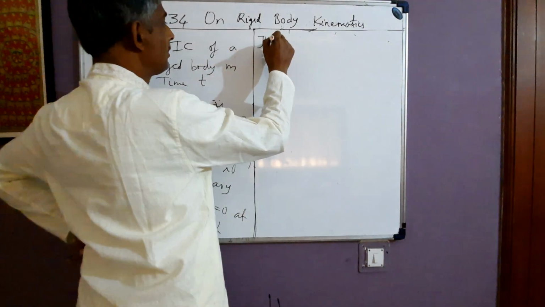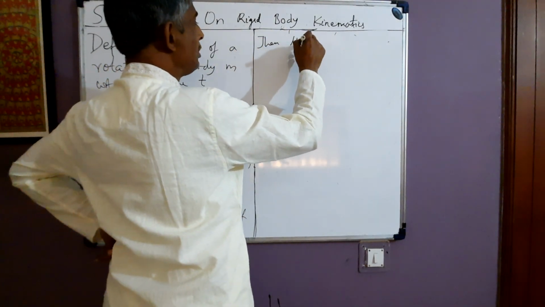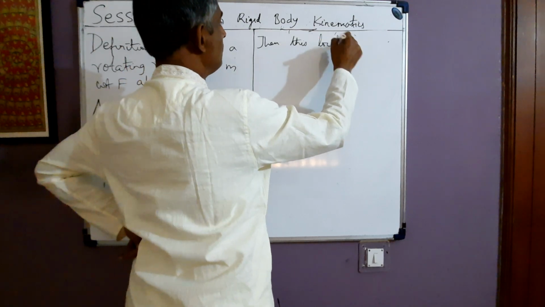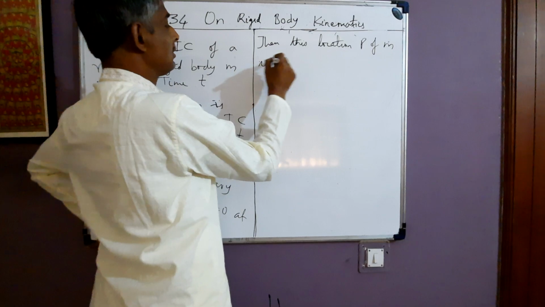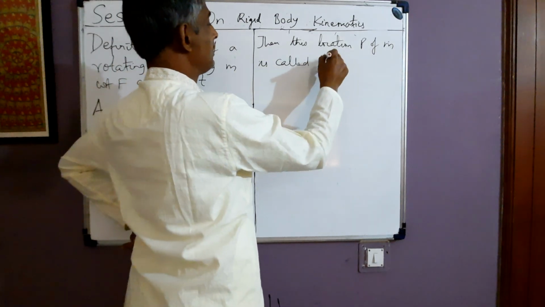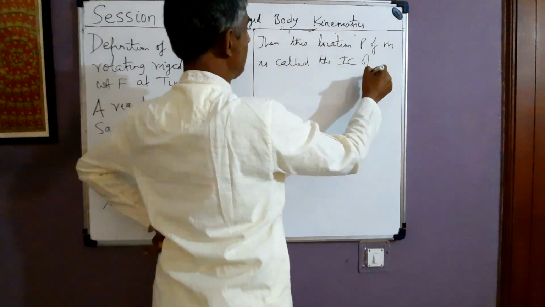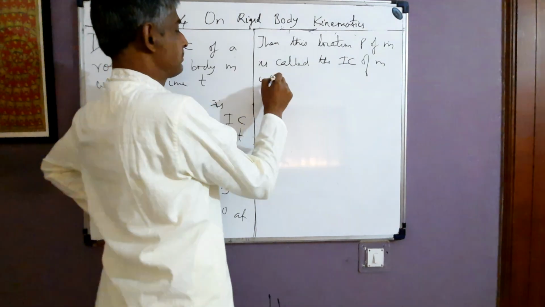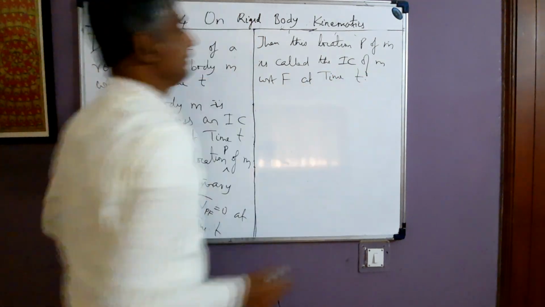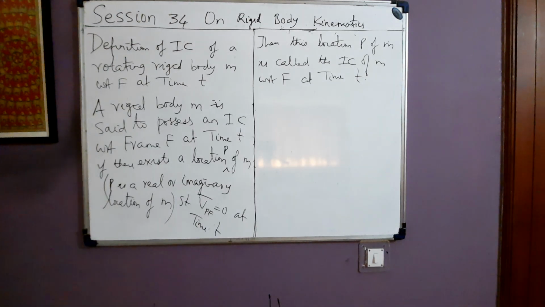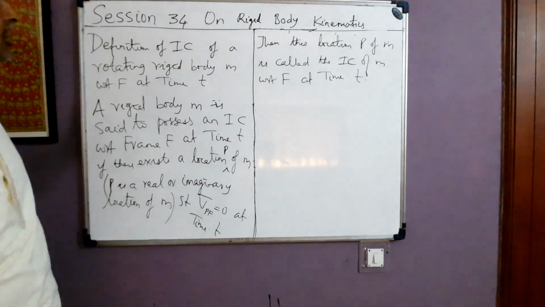Then this location P of M is called the IC of M with respect to F at time t. So this is the definition of instantaneous center of rotation.